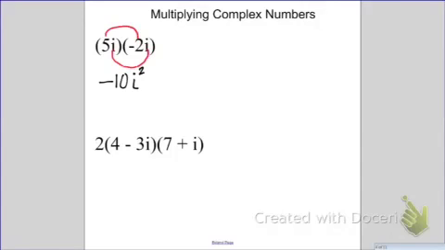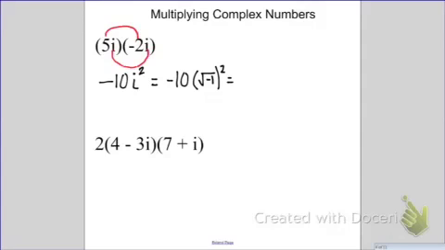Now we learned in the last set of notes that i to the second power is equal to the square root of negative 1, squared. So let's plug in the square root of negative 1 squared.